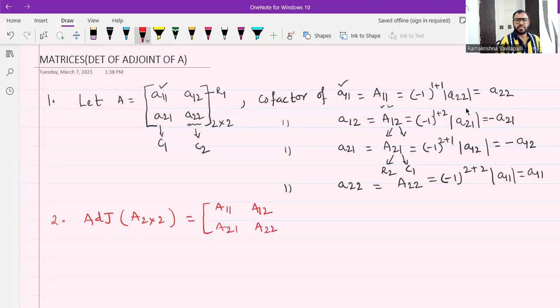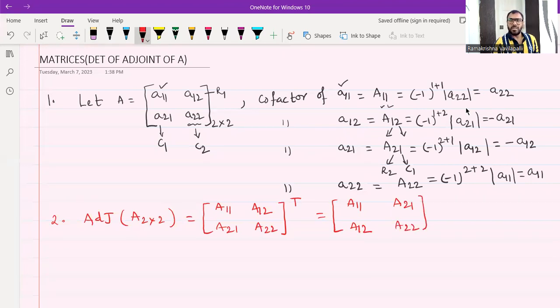These are the cofactors. After that, you have to take the transpose. Transpose means writing the row elements as columns. So here A11, A12, and this is A21, A22.